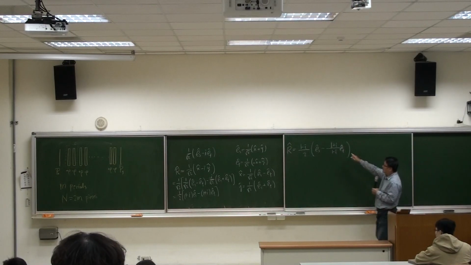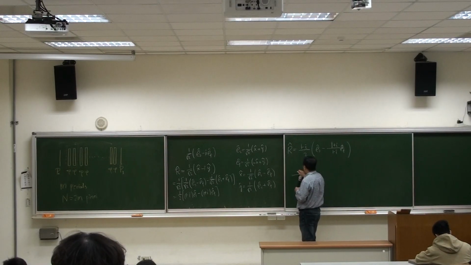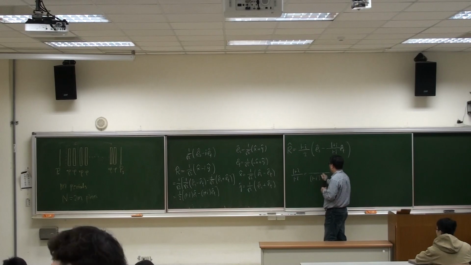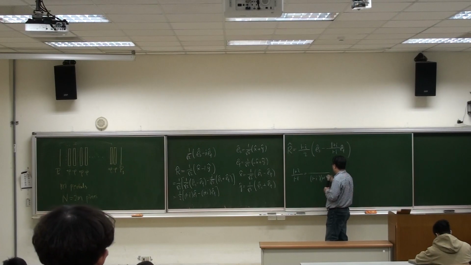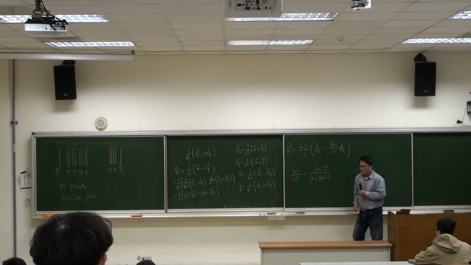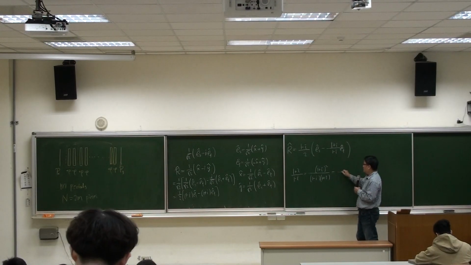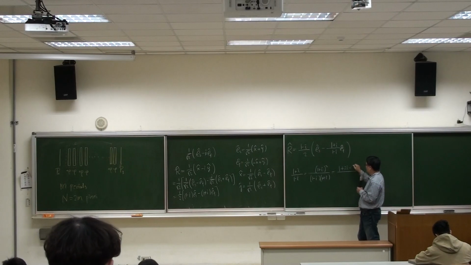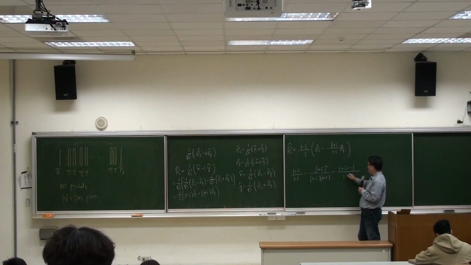And this factor can be written as this, and this is just 1 plus 2I minus 1 over 1 plus 1.